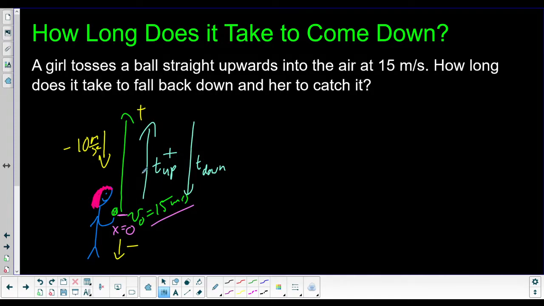So the reason we're splitting this up is because if I want to do this problem all at once, and you could do it the hard way if you want, be my guest, but I'm going to show you some tricks.